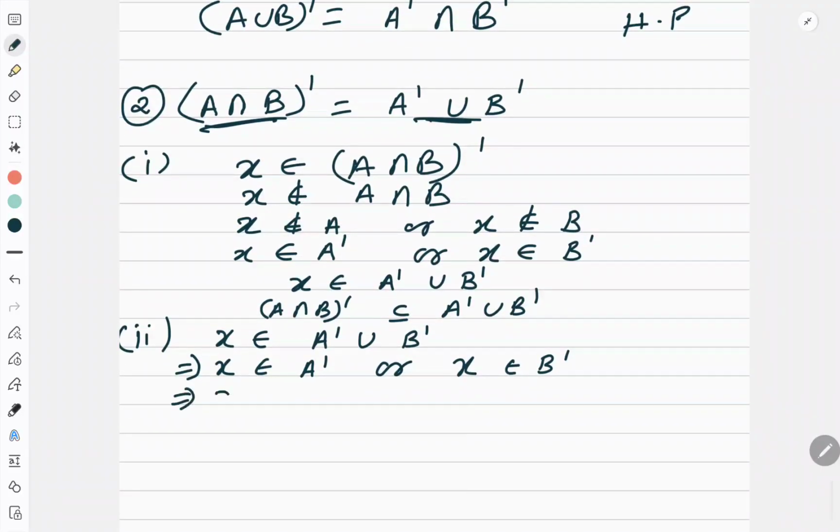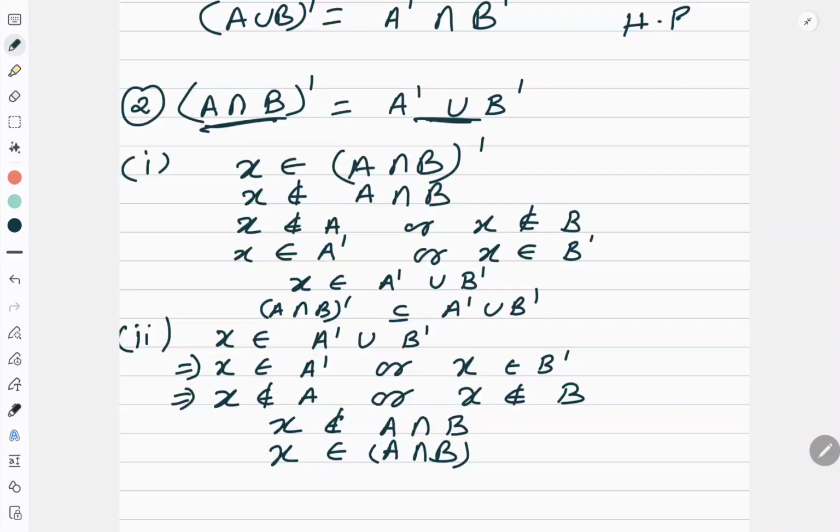So implies X does not belong to A or X does not belong to B. Now if X does not belong to A or X does not belong to B, what does it mean? X does not belong to A intersection B. Okay, so X belongs to (A intersection B) complement.